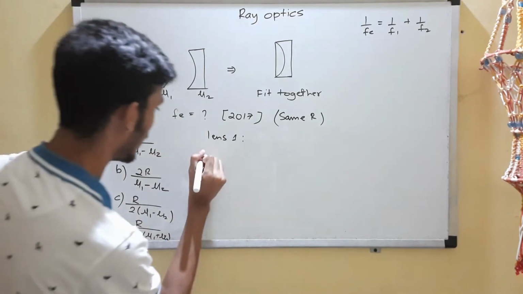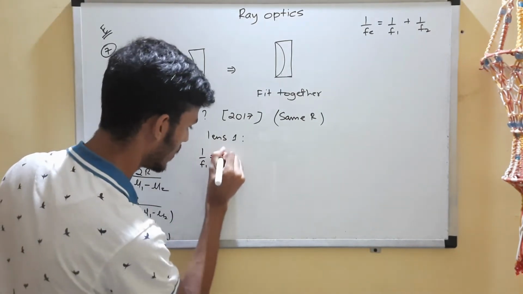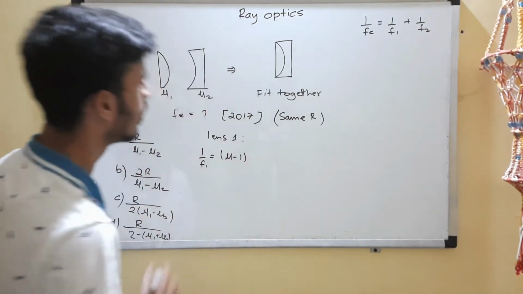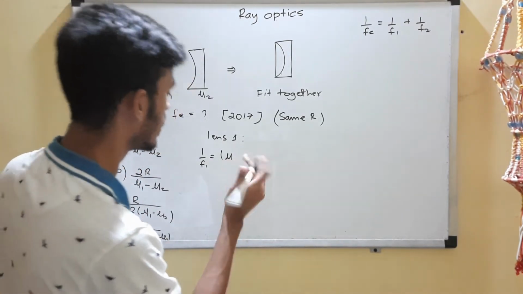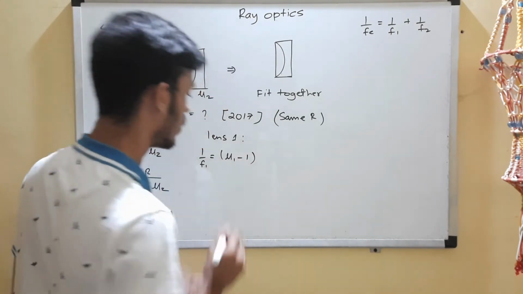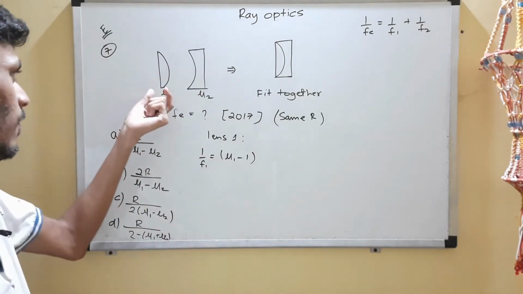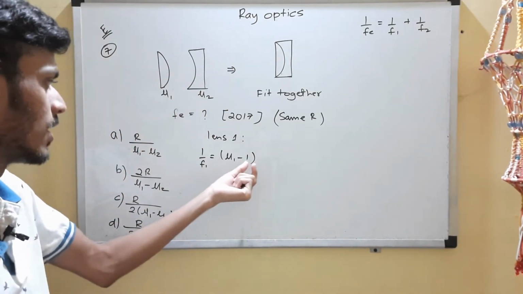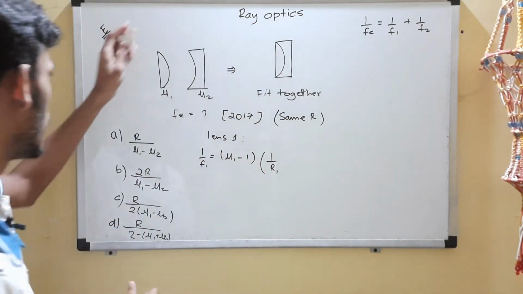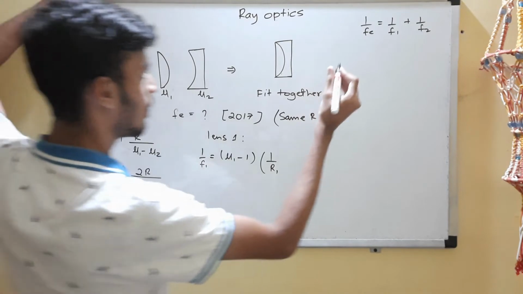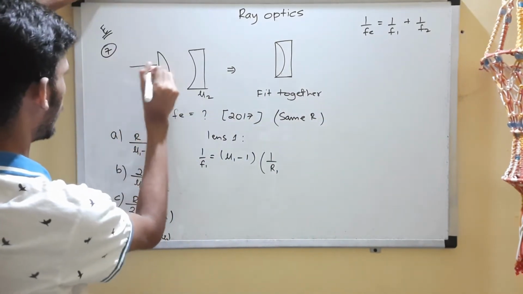So 1 upon F1 is given as mu minus 1. Here we'll consider that the surrounding material is air. So mu1 minus 1 for the first lens, right? The refractive index of the lens is mu1 minus 1 into 1 upon R1. R1 is where the ray will strike first.